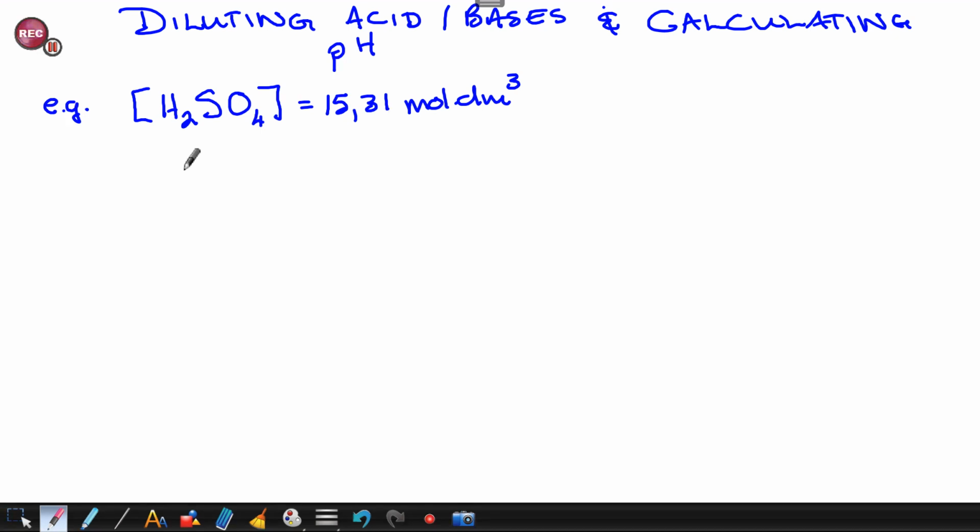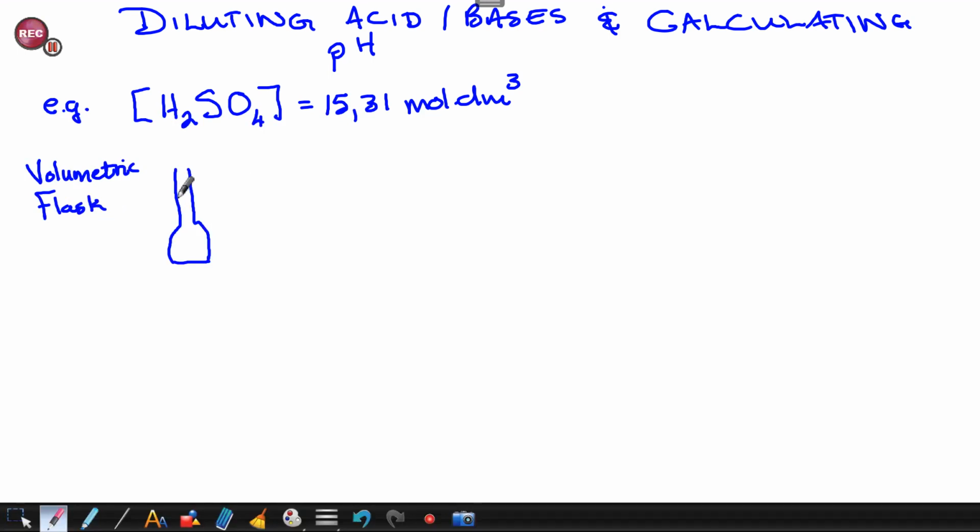So we want to take the solution. Can you remember what the volume of the solution was? 100 milliliters. So this is my crooked way of drawing a volumetric flask.